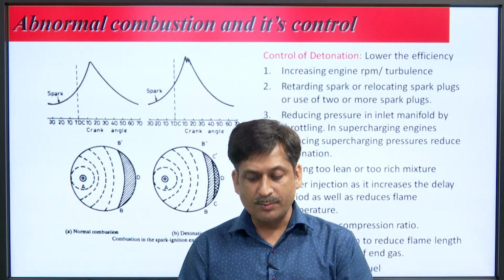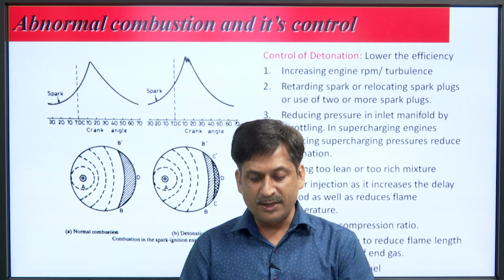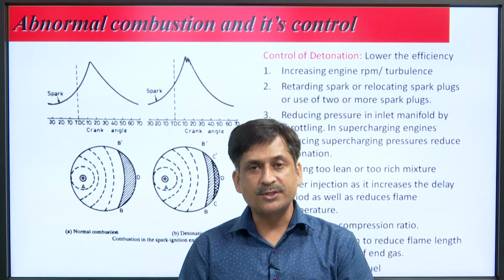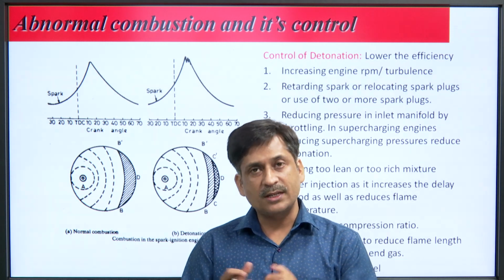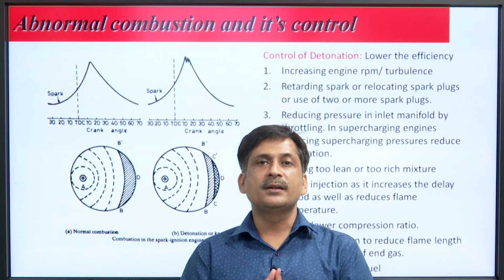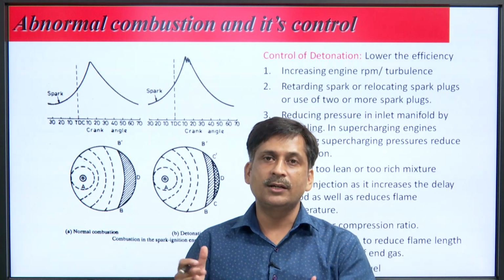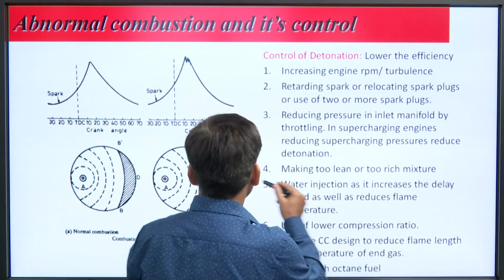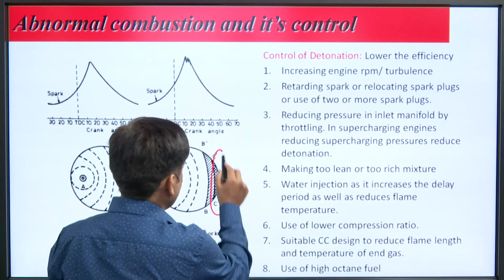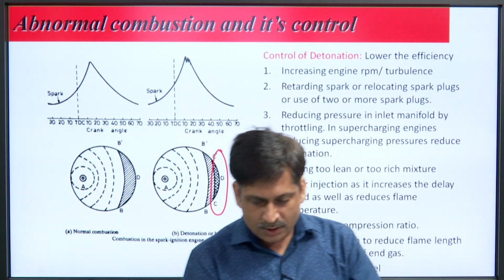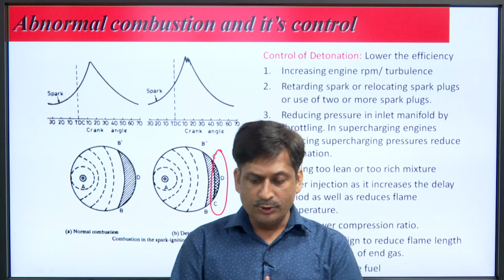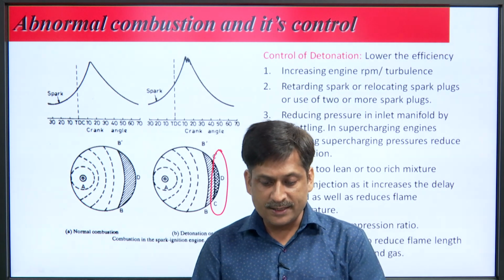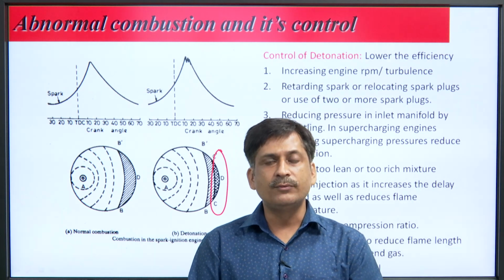A suitable combustion chamber design reduces flame length and the temperature of the end gas, because the temperature of the end gas is a very important parameter in controlling detonation in an SI engine. This is known as the end gas. Another technique is the use of high octane fuel.